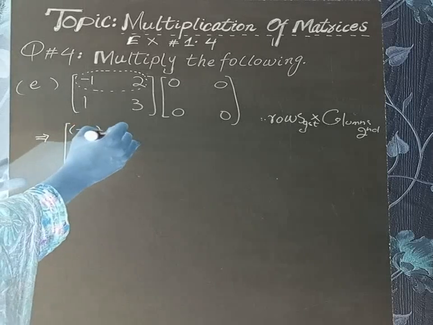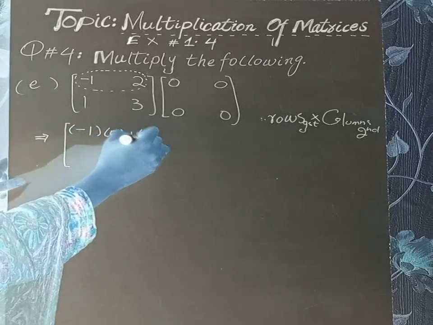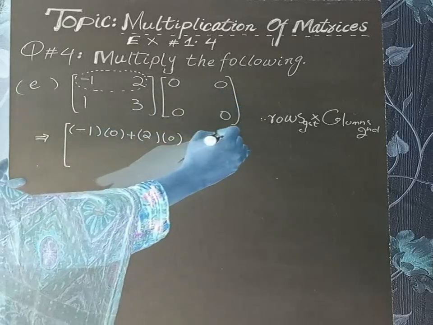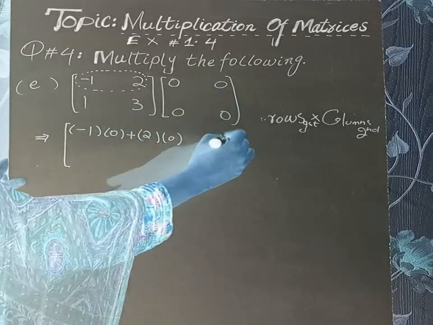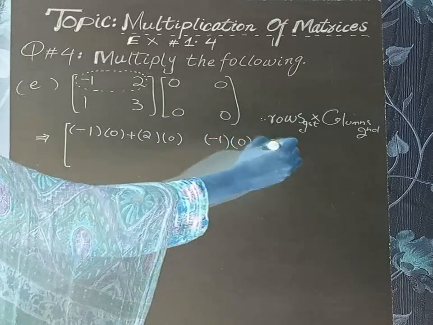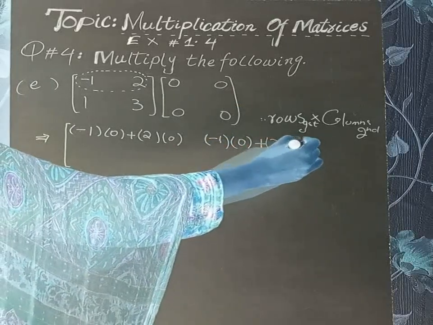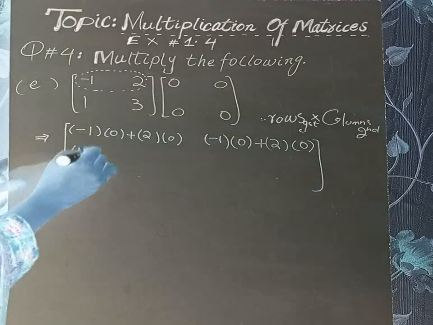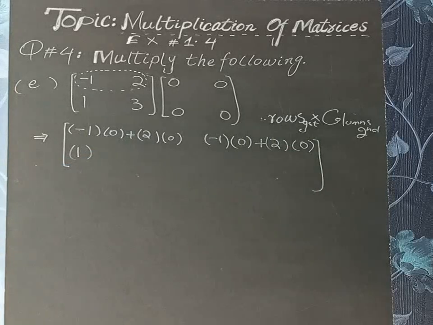Minus 1 into 0 plus 2 into 0. Minus 1 into 0 plus 2 into 0.